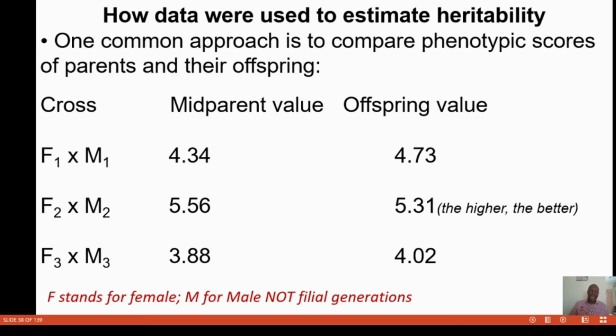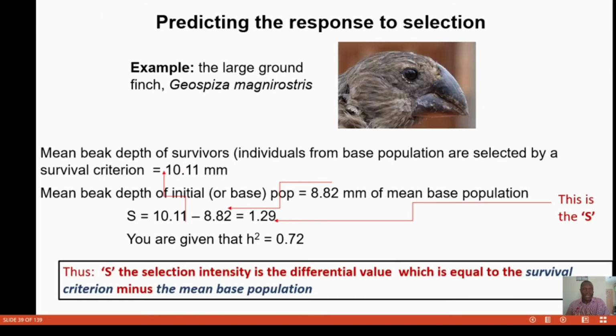And we see that female 2 and male 2 have the 5.31 offspring value. And of course, the higher the offspring value, the better, because as you go to heritability, we see a better chance of predicting the success of the response to selection.